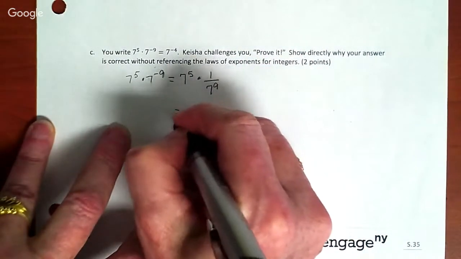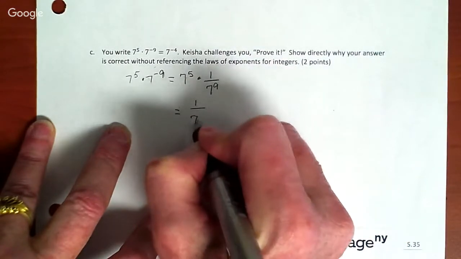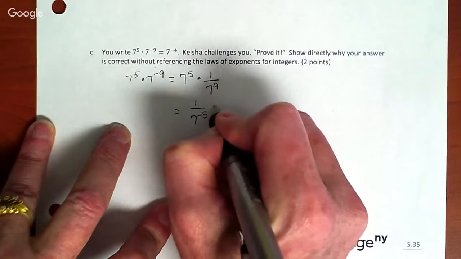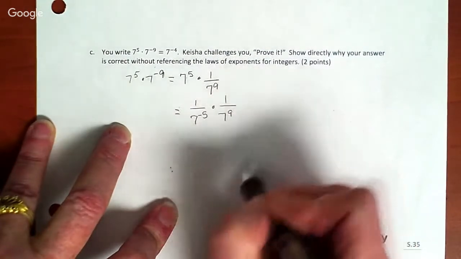I then can write 7 to the 5th as 1 over 7 to the negative 5th power, and times that by 1 over 7 to the 9th power.